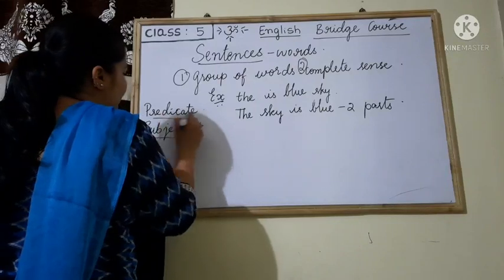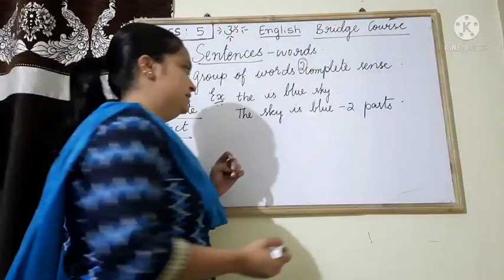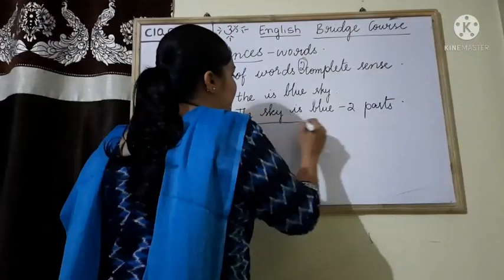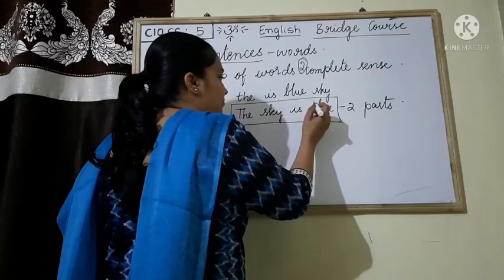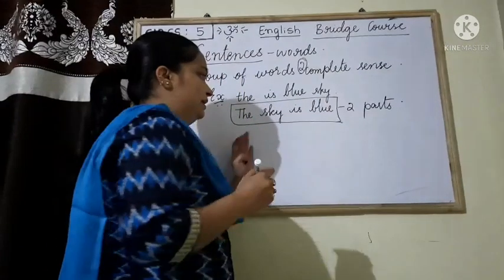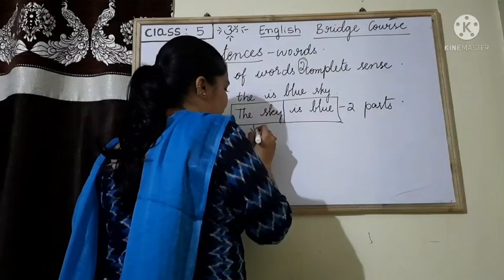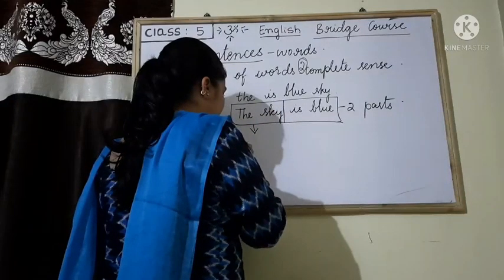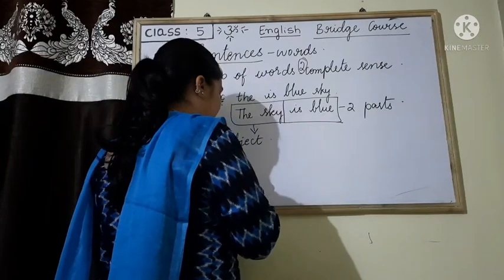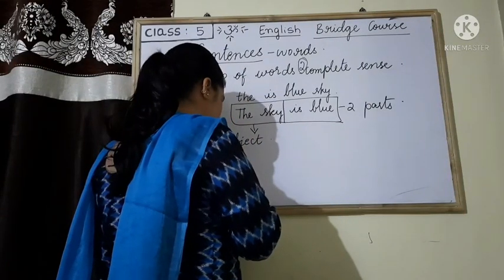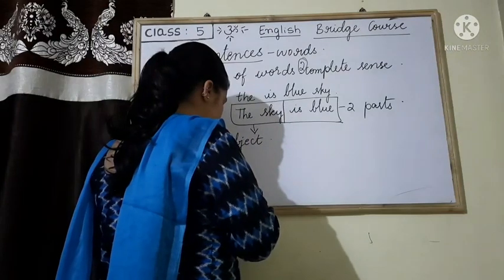So what are subject and predicate? If you take the same sentence here, "the sky is blue." As we all know, it is a complete sentence. Here "the sky" is the subject. We are talking about the sky here, right?